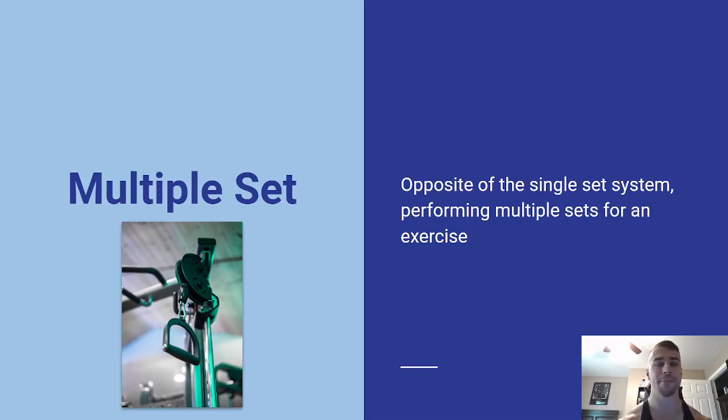So for example, you may be doing 3 sets of 10 reps of a bench press, or 3 sets of 10 reps of a bicep curl, or 3 sets of 10 reps of leg extensions. It could be any exercise. Any exercise you do, you're just doing multiple sets of that exercise.